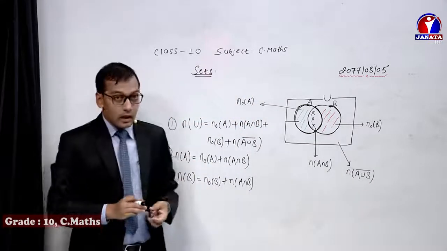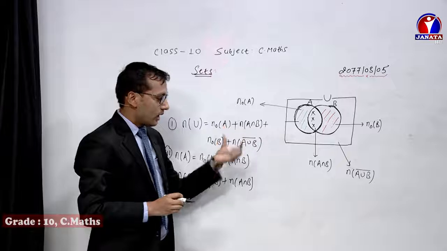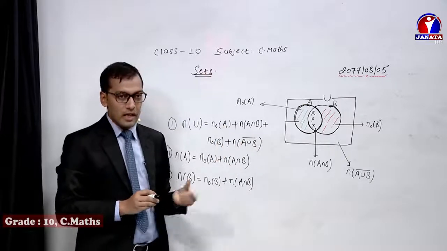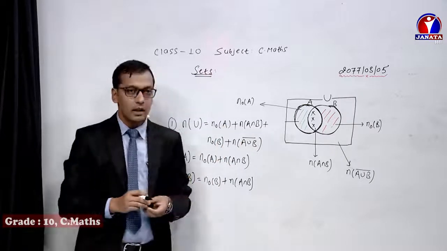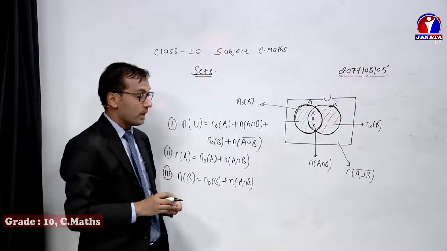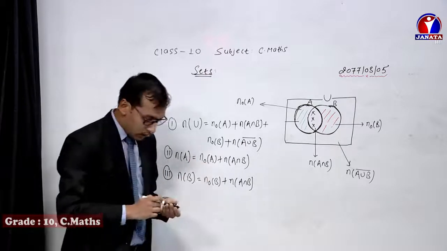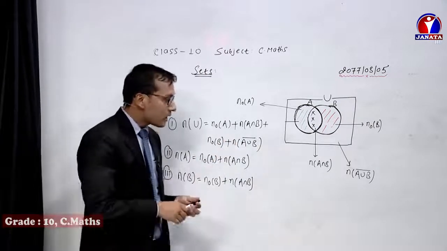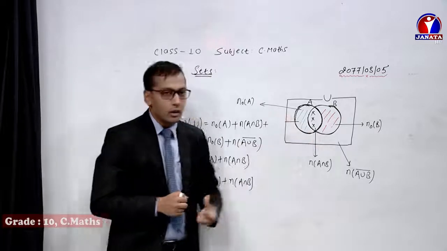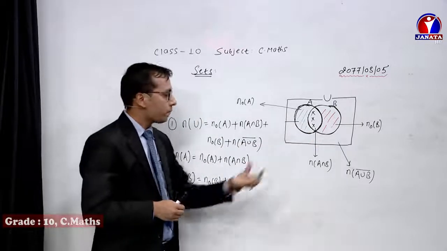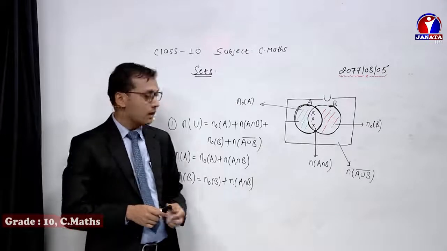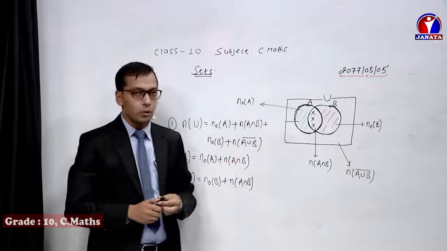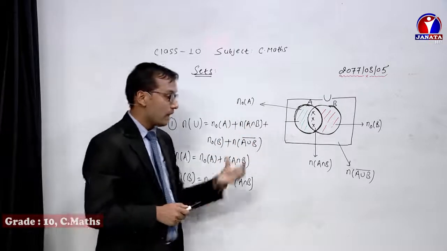I hope you got my idea of what I tried to explain here. So this is all about the Venn diagram method based on two subsets, and this is the way we write the formula from a Venn diagram.